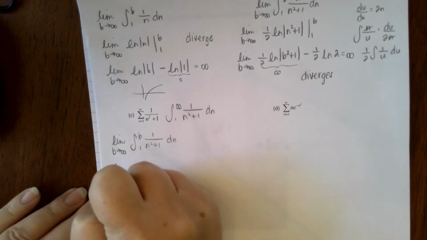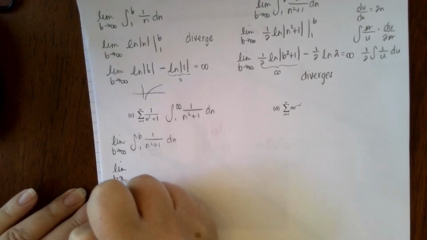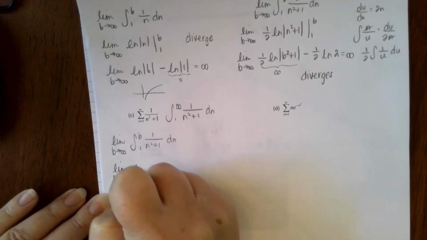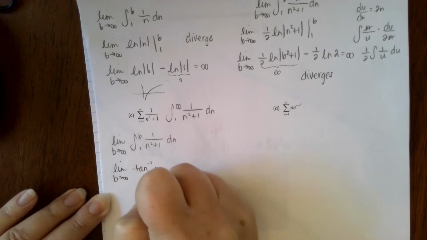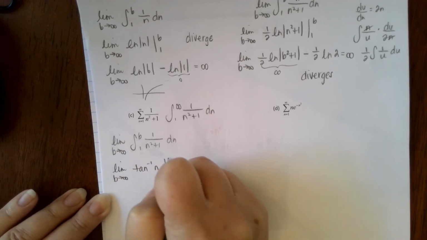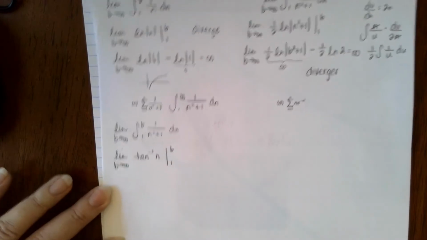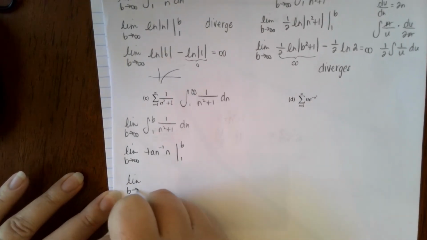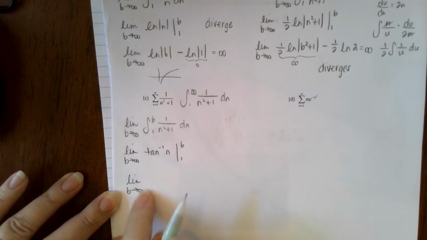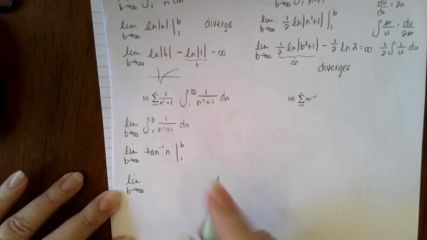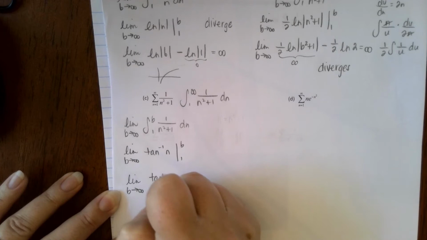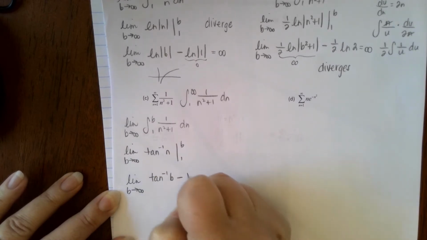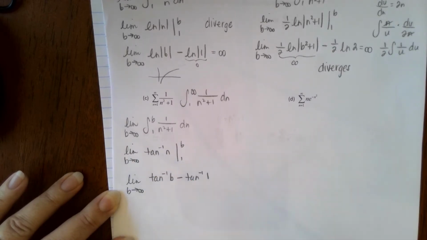So we've got the limit as b approaches infinity of the inverse tan of n. We want to evaluate that from 1 to b. So I have the limit as b approaches infinity. Notice I'm writing the word limit every single time. And now I'm going to plug in the b. Tan inverse of b minus tan inverse of 1.